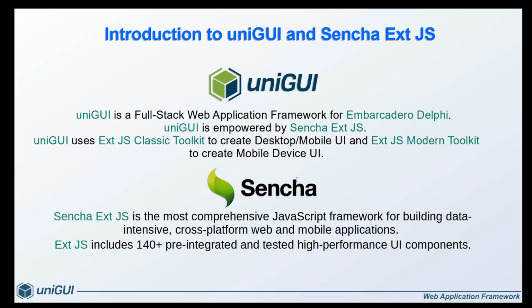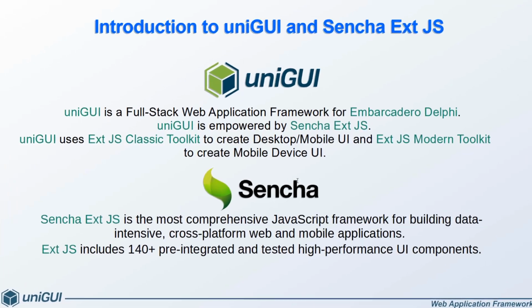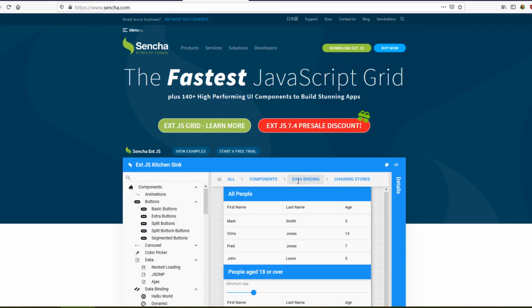Ext JS is the most comprehensive JavaScript framework for building data-intensive cross-platform web and mobile applications. This library is used by uniGUI to create the client-side user interface. So all of the UI elements and components that you have seen in the previous demo on the uniGUI website are actually Ext JS components. And here is Sencha's website.